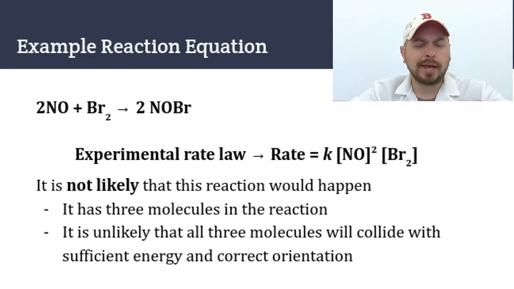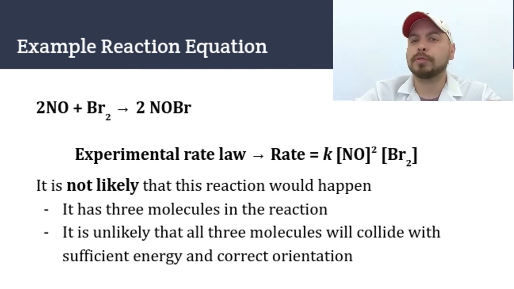So we might think, hey, one step, no big deal. But remember, three molecules colliding at one place at one time with sufficient orientation and energy to overcome the activation energy is extremely rare and slow, and quite frankly, unlikely.